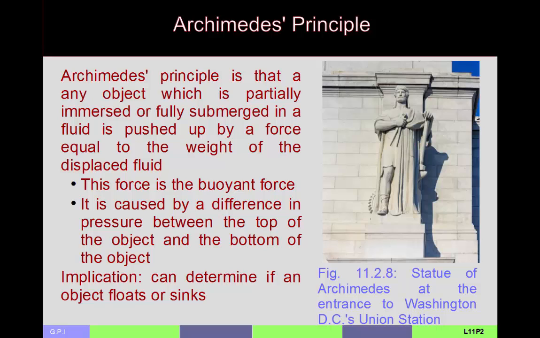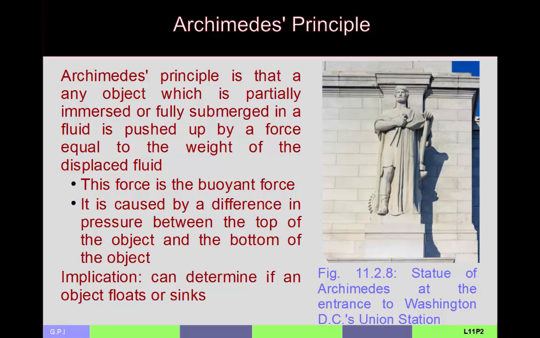All right, so this brings us to Archimedes' Principle. And what Archimedes' Principle states is that if you submerge an object in a fluid, be it totally or partially immersed, it's going to displace some fluid.